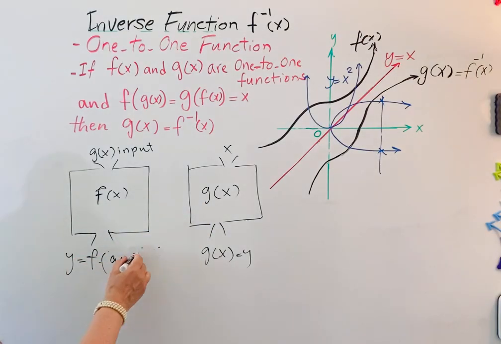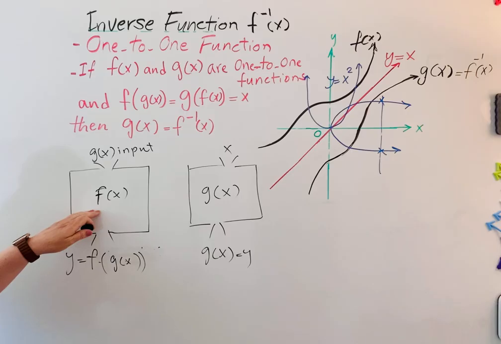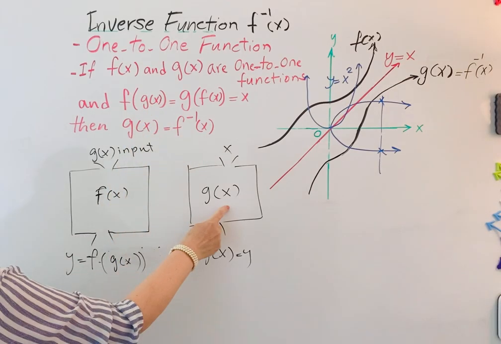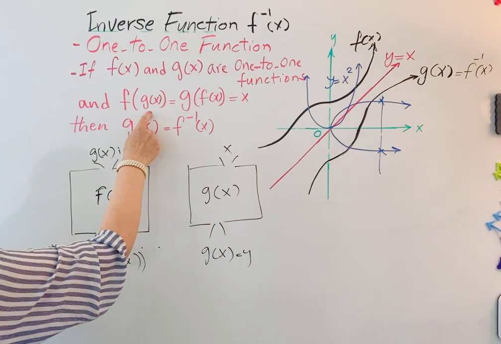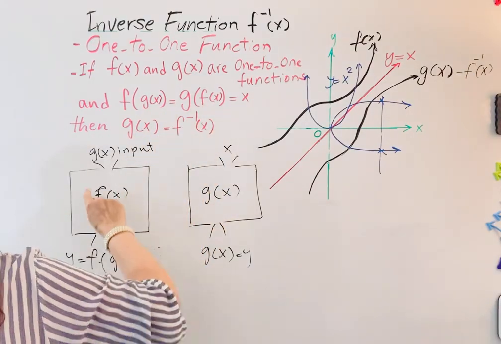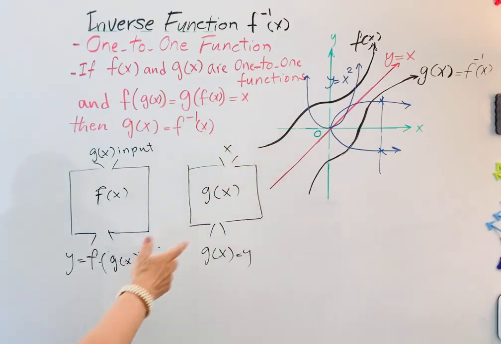This is the composition of functions. We need to know about the composition of functions, a function inside another one, or a machine inside another one. If the input is this one, f of another function equals g of f of x inside gets x, we can say that they are inverse to each other.